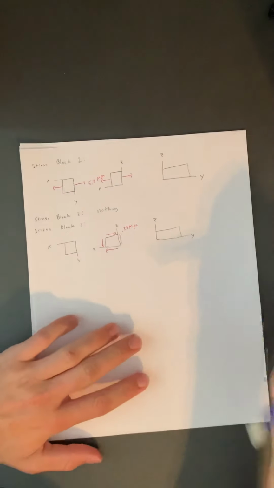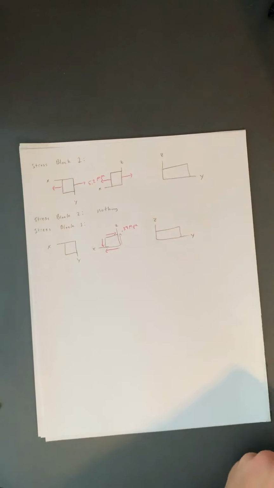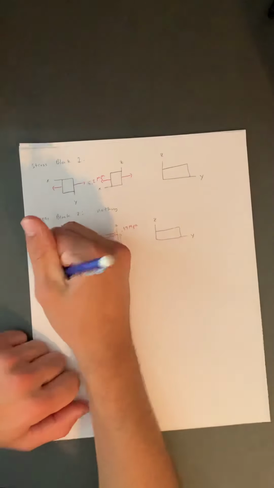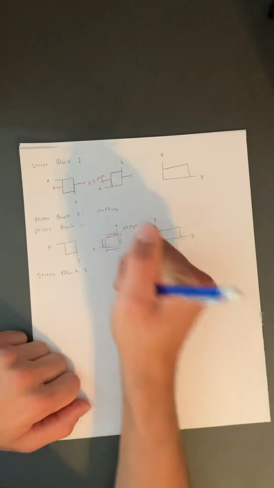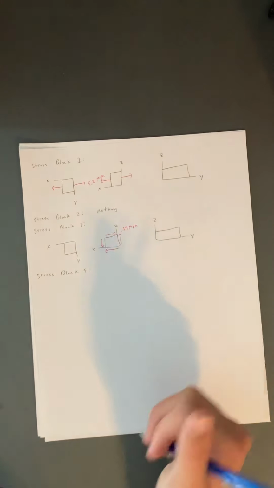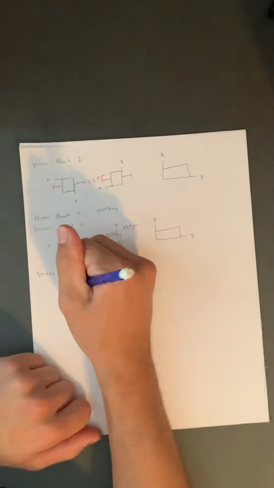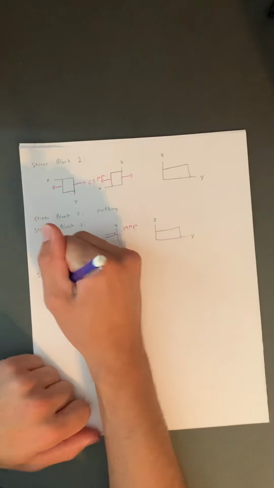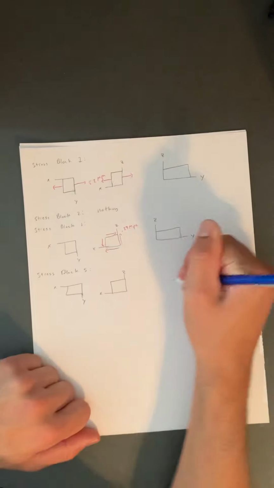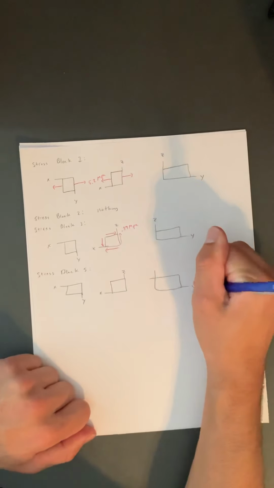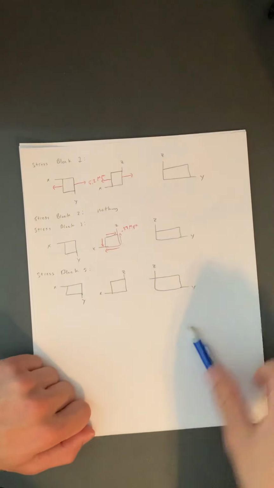Okay, so now we have this, we're stressing the X. I'm going to bring back our stress blocks, and so we have our stress blocks in this case. This is stress block 5, which is our 5th reactionary force, and we can see that is the same stress block.